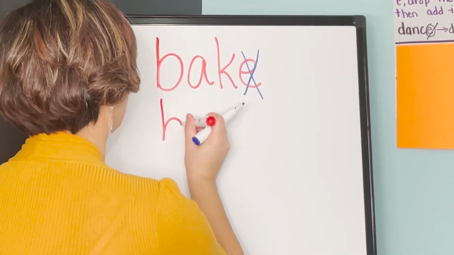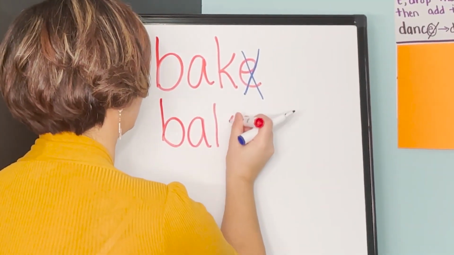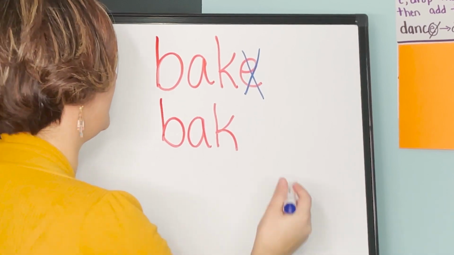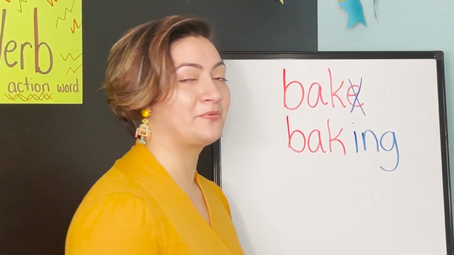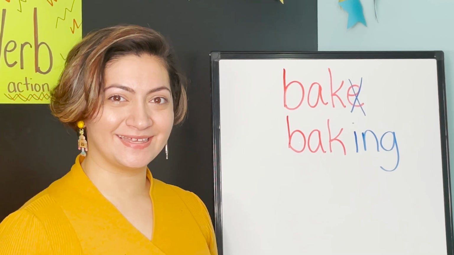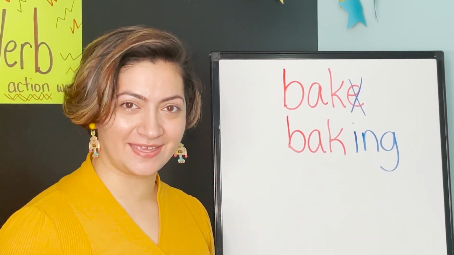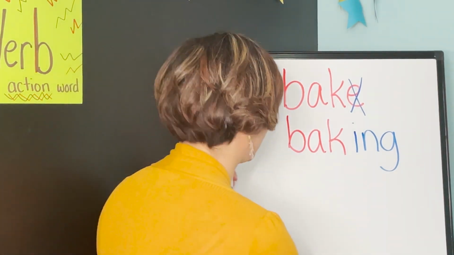So my word would be bake without the E, and then I can add ing. And my word is baking. She is baking a cake. Nice. Let's try another one.